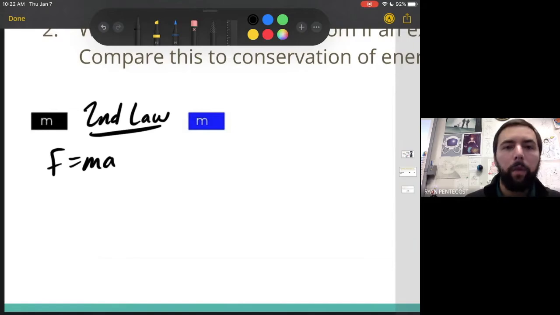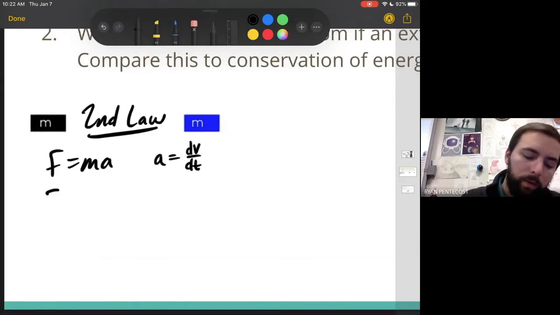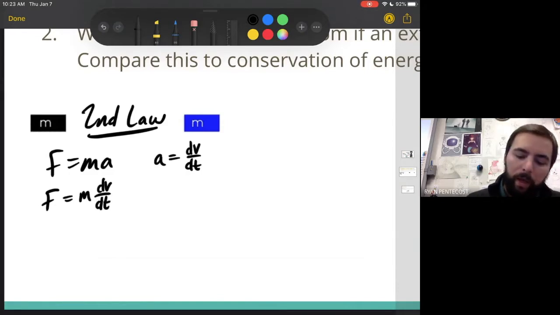We can modify F equals ma to show us information about momentum. First, we will say that acceleration is the derivative of velocity with respect to time. So you could say F equals m times dv over dt, right? Now, a little trick in calculus: that d over dt can wander.